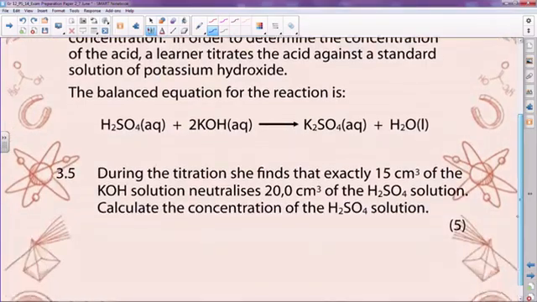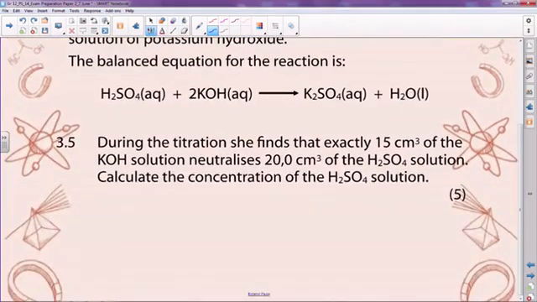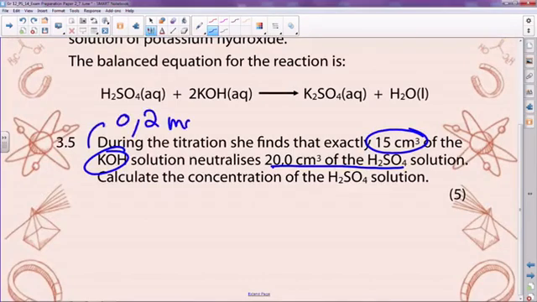Now it says, during the titration, we find that 15 centimeters cubed of the KOH solution neutralizes 20 centimeters cubed of the H2SO4. Now they say, what is the concentration of the H2SO4? Remember, the KOH was 0,2 moles per decimeter cubed. When we see this, this is a grade 11 titration equation.